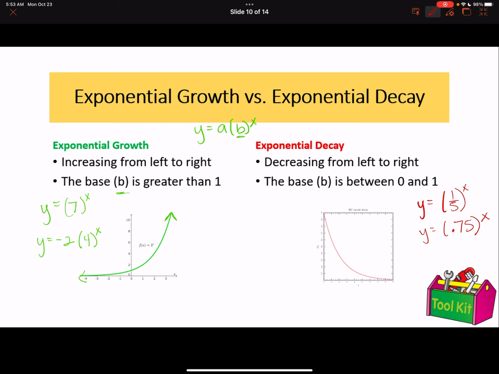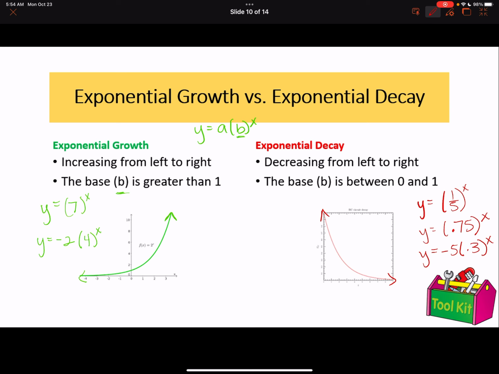And just like I did over here in the green, I could have a number like -5 times 0.3 to the x. I don't care about that -5. I only care about the thing that's being raised to the x power, which is that 0.3. And these are decreasing from left to right. So again, they should have arrows, but decreasing from left to right. All right, pause if you need to finish writing this all down.